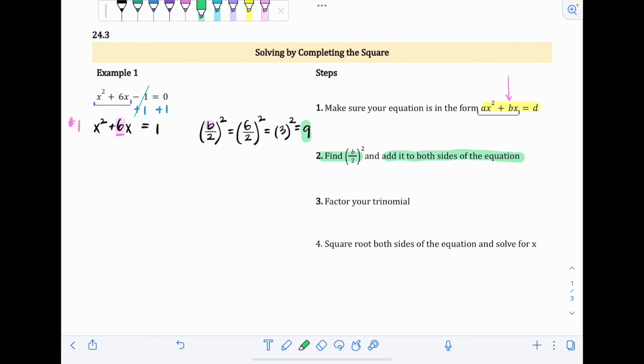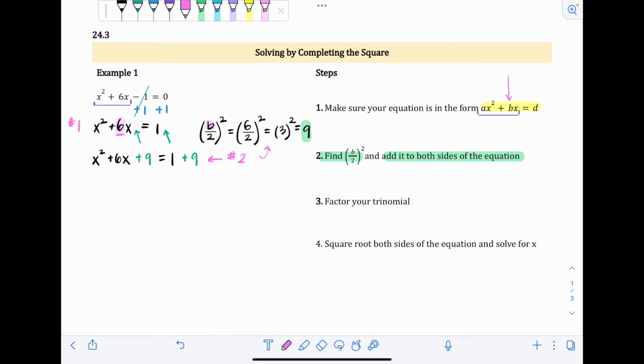And then it says add it to both sides of the equation. So that means we'll add it right here, and then we'll add it right here. So x squared plus 6x, and then plus 9. And that's equal to 1 plus 9. So for step number 2, it's this process and that process.